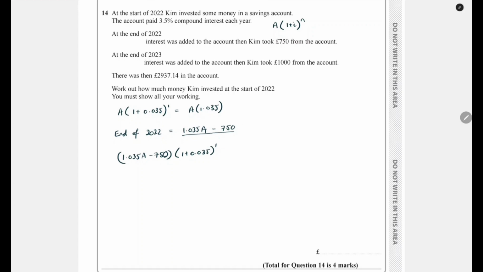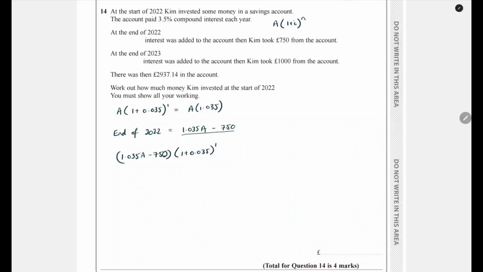So if we expand this, it's 1.035A multiplied by 1, which is equal to 1.035A, and 1.035A multiplied by 0.035, and that's equal to 0.036225A.